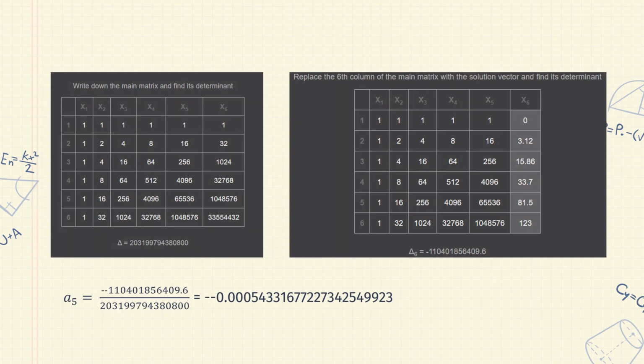And for the final vector A5, we can conclude that the answer is negative 0.0005433.